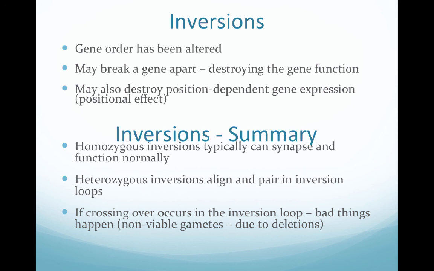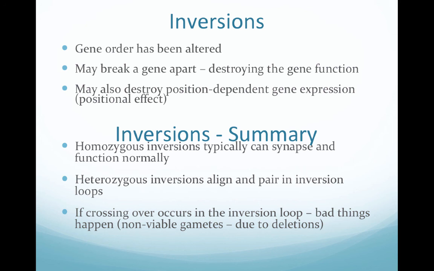So, in summary, inversions can be homozygous and will typically synapse and function normally. If they're heterozygous, then they're going to align very weirdly and pair and form inversion loops.